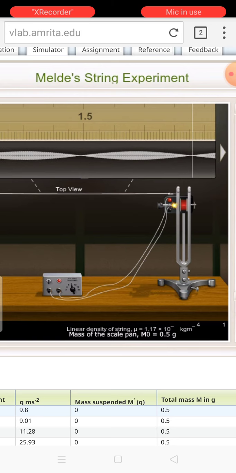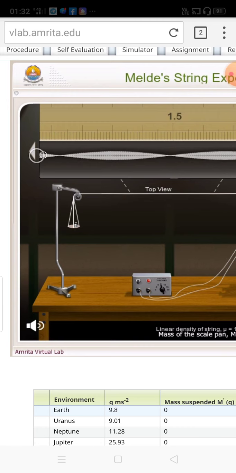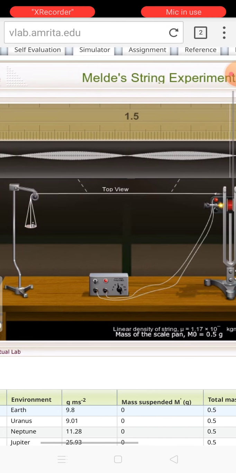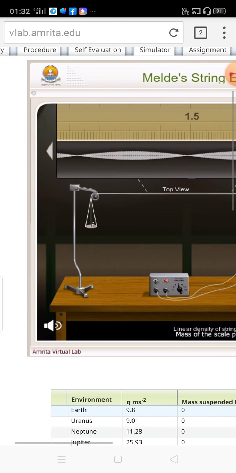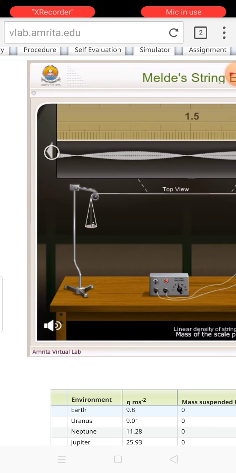So if I now use this part, then it will be coming to this side. Look over here, it is coming. I am pressing until it comes to one side.